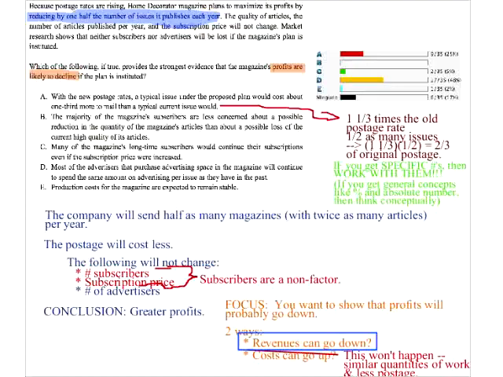But if they hand you specific numbers, then by all means, go ahead and do a couple of quick calculations and see what happens. So you have half as many issues.